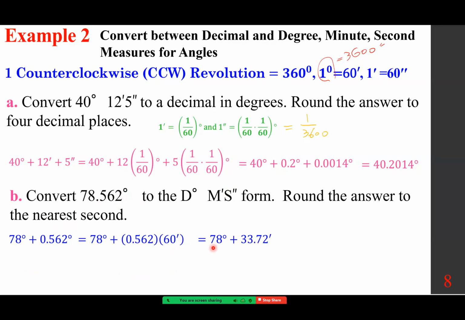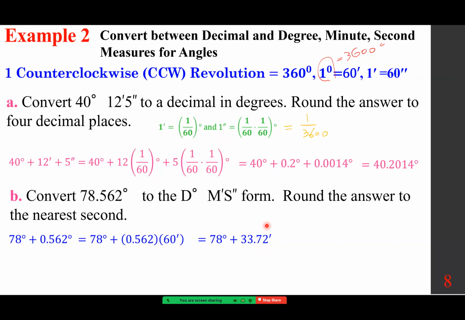Okay, so we have 78 degrees, 33.72 minutes, but we don't want to write it as 33.72 minutes. We want to write it as minutes and seconds. So we keep the 33, but 0.72 minutes. 1 minute is 60 seconds.